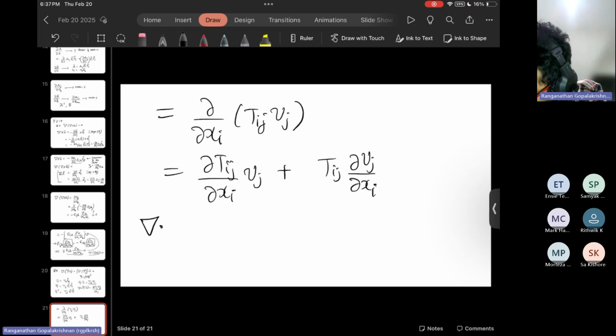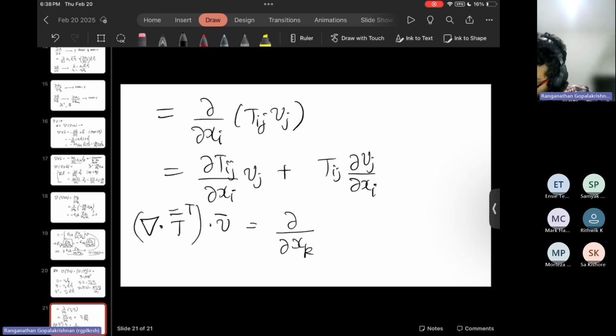What is T transpose? T transpose would be T_ji, and then e_i e_j dot e_k.